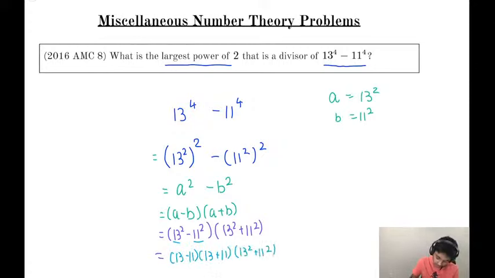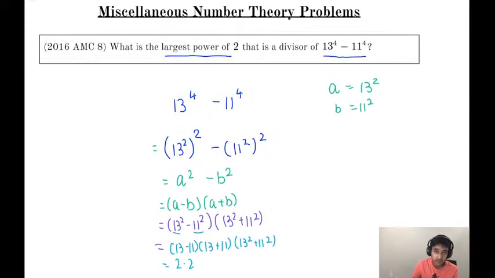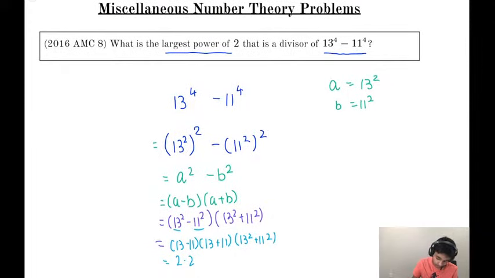which is 2 times 24 times 290. And what is the largest power of 2 that divides this? The largest power of 2 that divides 2 is just 2. The largest power of 2 that divides 24 is 8.